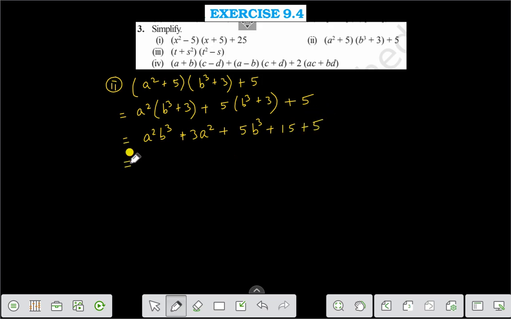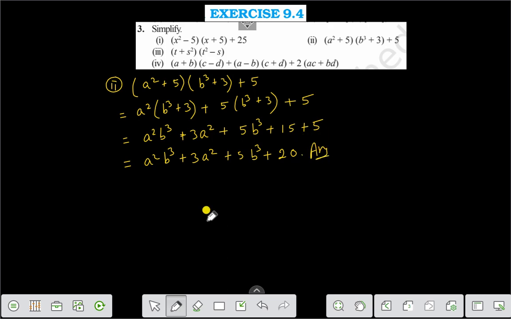That we are getting a square, therefore we are getting a square b cube plus 3a square plus 5b cube plus 15 plus 5 is 20, plus 20, and that is the answer of question number 2.